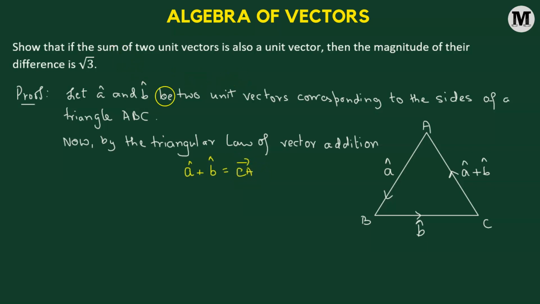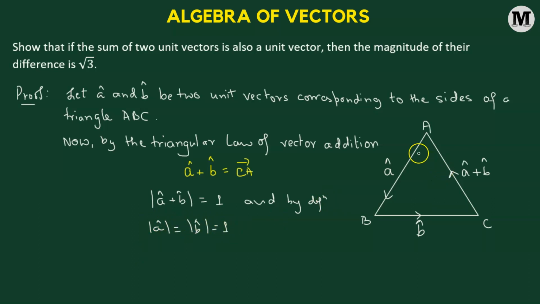Now it's given here that when we take the sum of the unit vector a cap with the unit vector b cap, the resultant is also a unit vector. So that means a cap plus b cap, if we take its magnitude, equals 1. And by definition, we know that the magnitude of a cap and the magnitude of b cap is 1 as well.